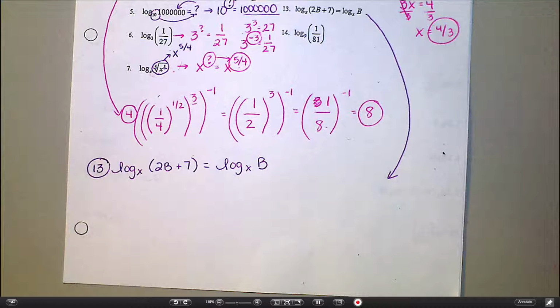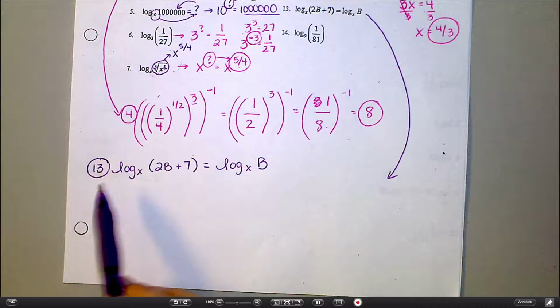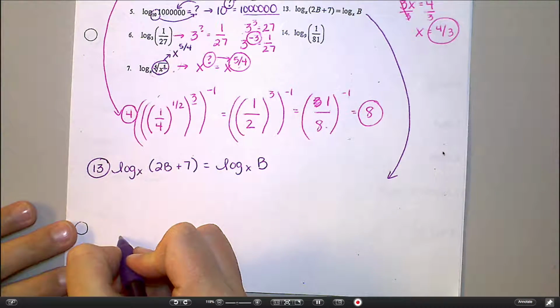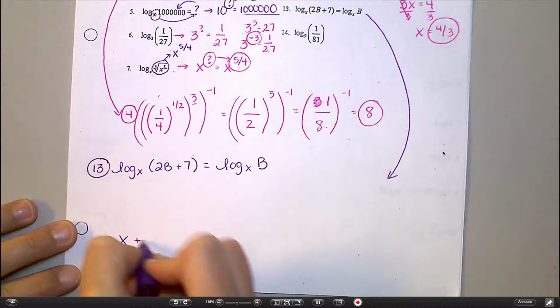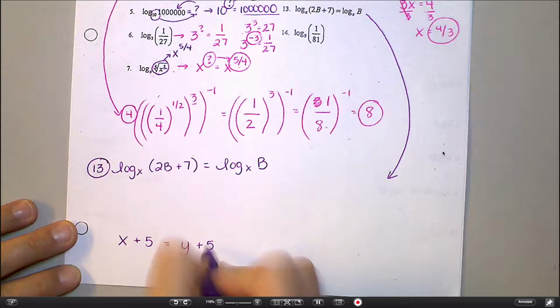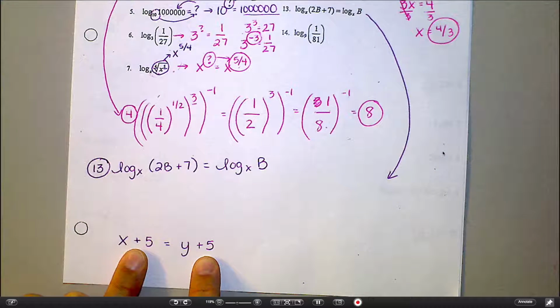I have a lot of people who say, well, it's because you're dividing by a log on both sides. You're not dividing by a log, because the log is not being multiplied by this, so you're not dividing. But this would be as though, and this is not part of the actual problem, just conceptually, if I knew that x + 5 was equal to y + 5, I'm doing the same thing to both of them, right?